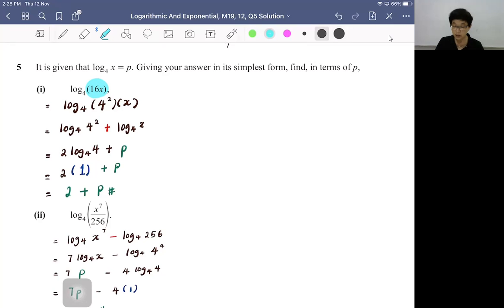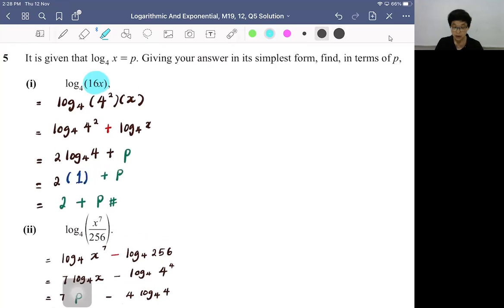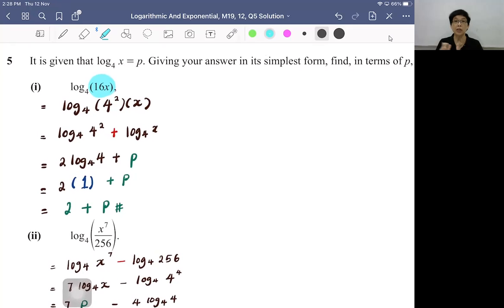So it could be convenient to break down 16 and x separately as two multiple components. The second interesting thing to observe is that 16 and the base of 4 seem to have a very interesting relationship: 16 can be written as 4 squared.